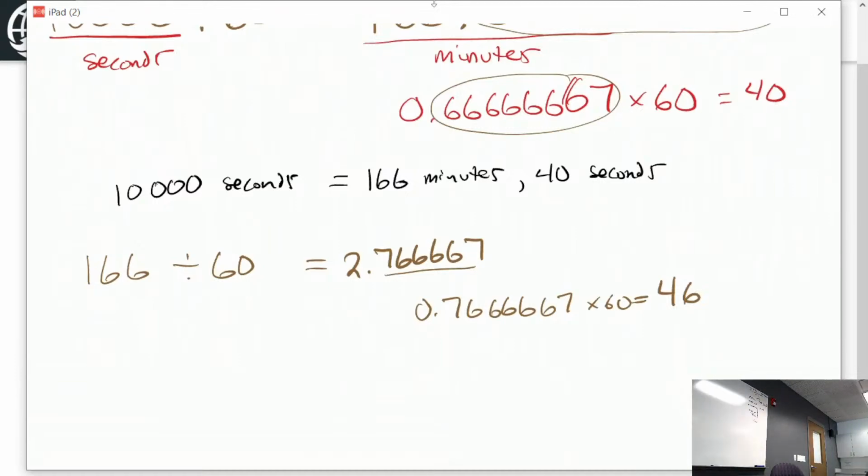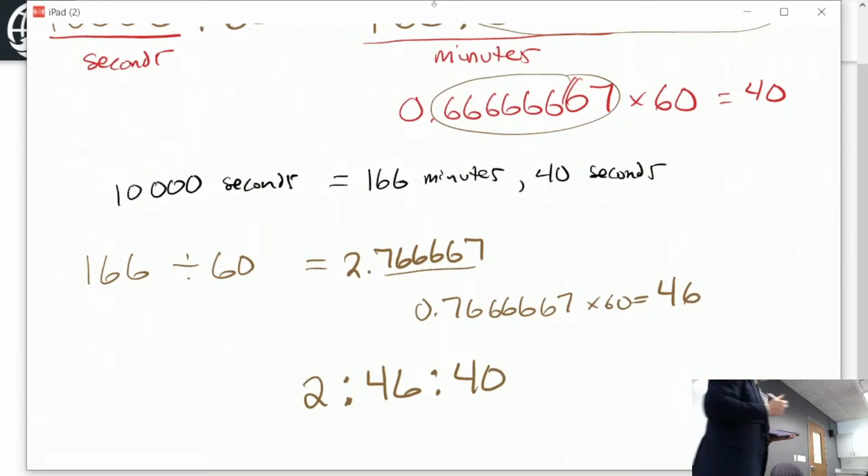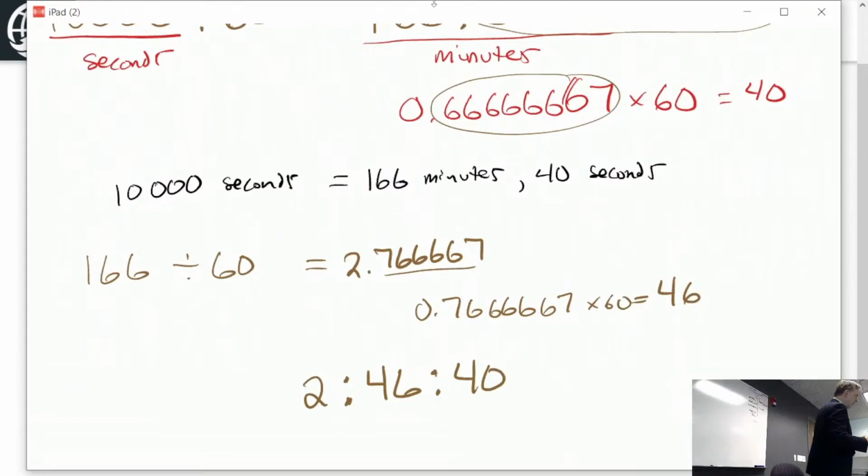This means that you have 2 hours, 46 minutes, 40 seconds is the final thing. I know this feels kind of silly. Trust me, it's going to really help. I guess we're going backwards here when we get to Babylonian numbers.